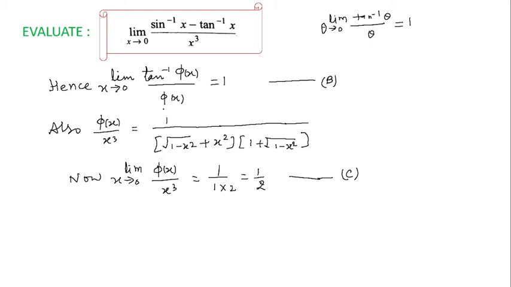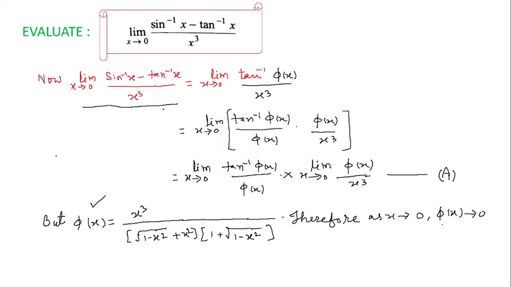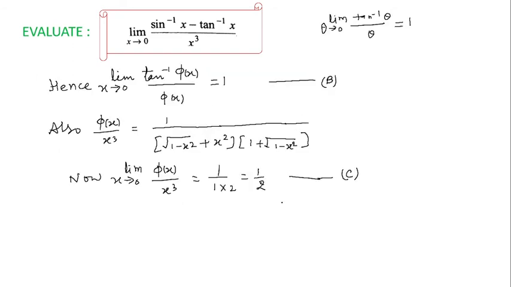Now by the expression of phi, phi by x cube is what? Phi by x cube is 1 upon under root 1 minus x square plus x square into 1 plus under root 1 minus x square. As x tends to 0, this expression will become 1 upon 1 into 2, that is 1 by 2.